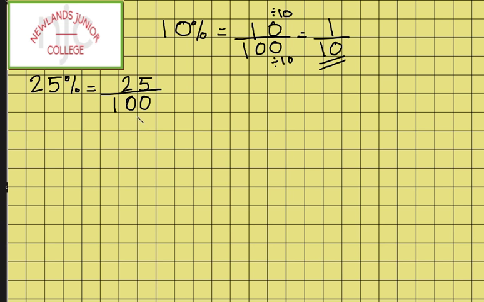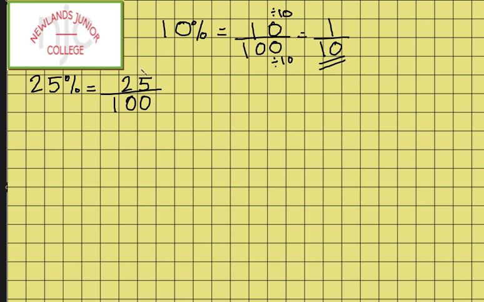Look for the highest common factor, the biggest number that you can divide the top and the bottom by. Because remember, if you simplify it and you don't divide by the same number, top and bottom, then you alter the entire value of the fraction. The only way to keep the fraction's value the same is to divide top and bottom by the same number.